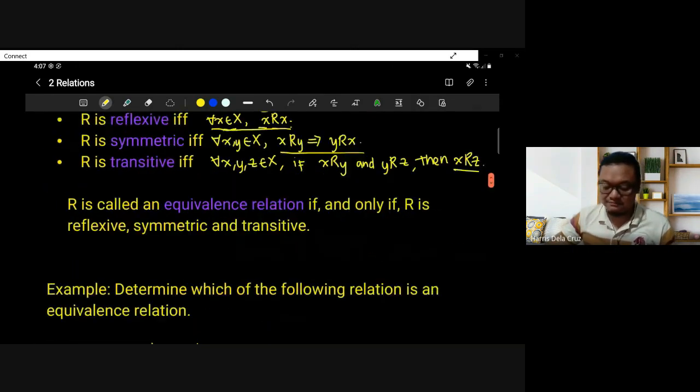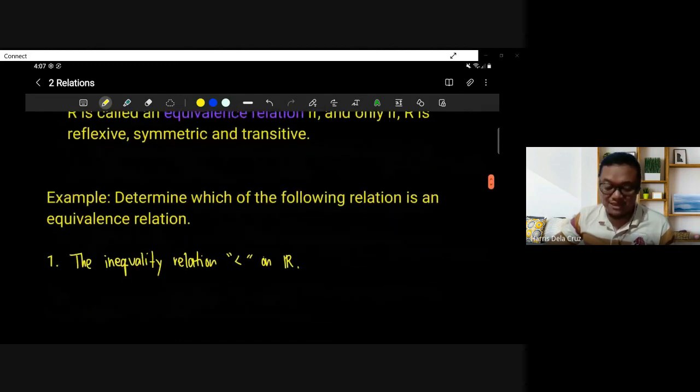Okay. So let's of course give a mathematical example.